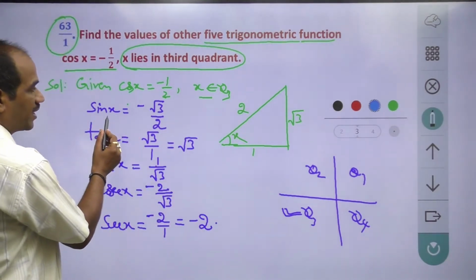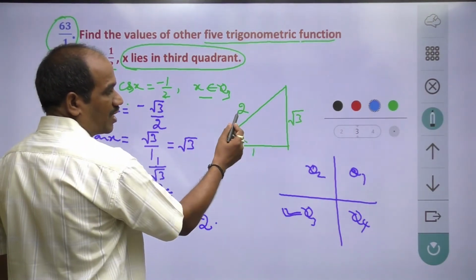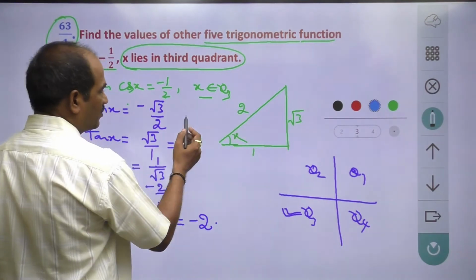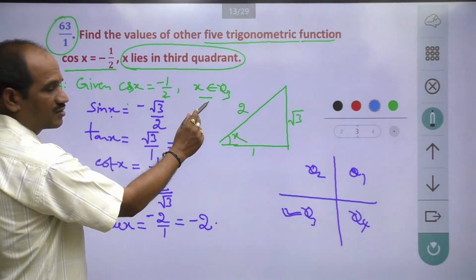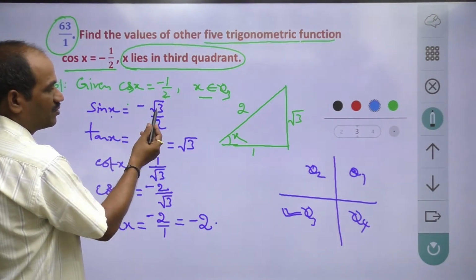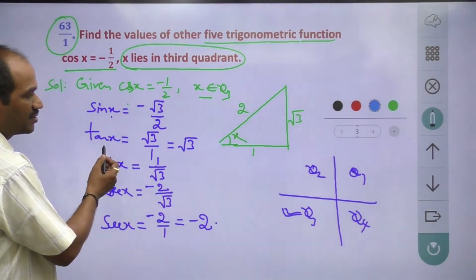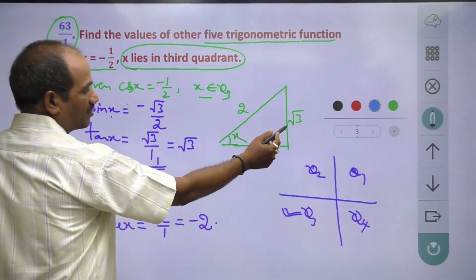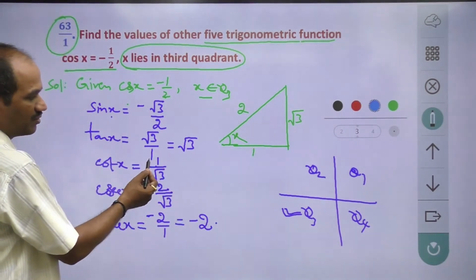First, sin x is equal to opposite side by hypotenuse, so that is root 3 by 2. Since x lies in the third quadrant, sin x is negative, so minus root 3 by 2. Next, tan x is equal to opposite side by adjacent side, so that is root 3 by 1.